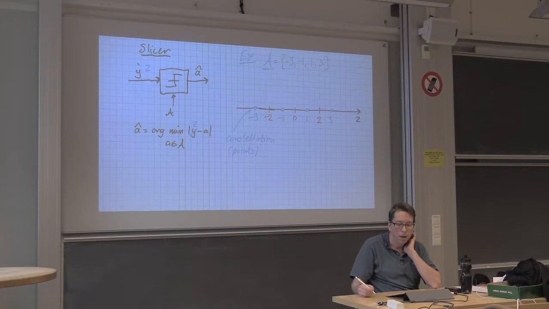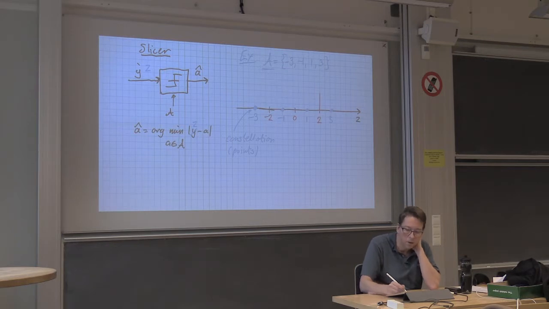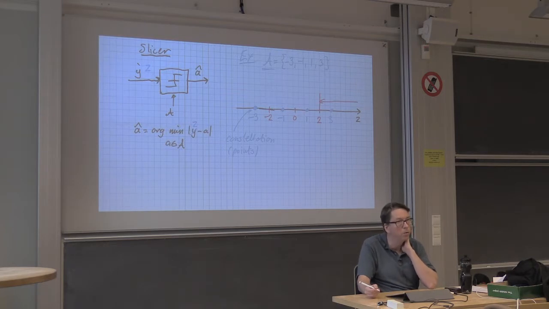Once we have done that, we know that for all points on the Z-axis to the right of this boundary, we are closer to 3 than to any other point.